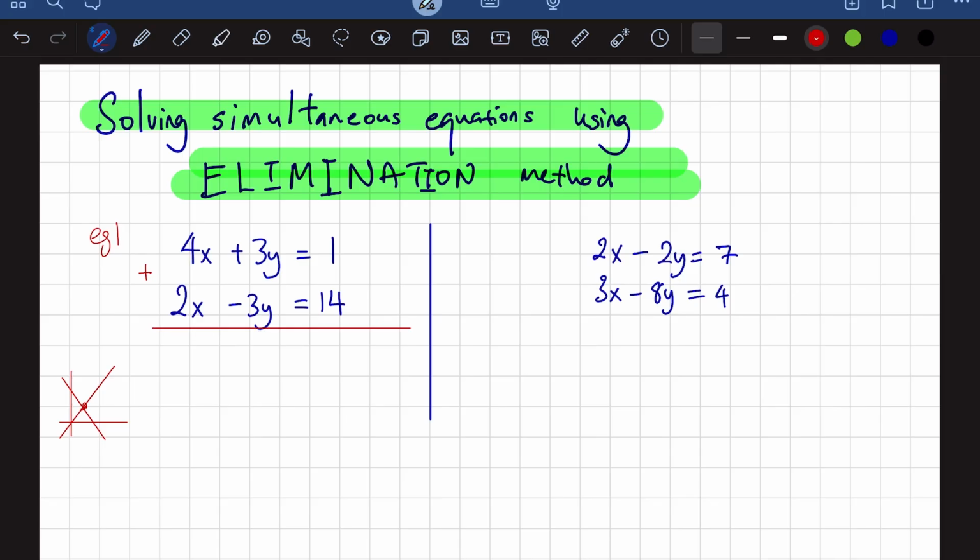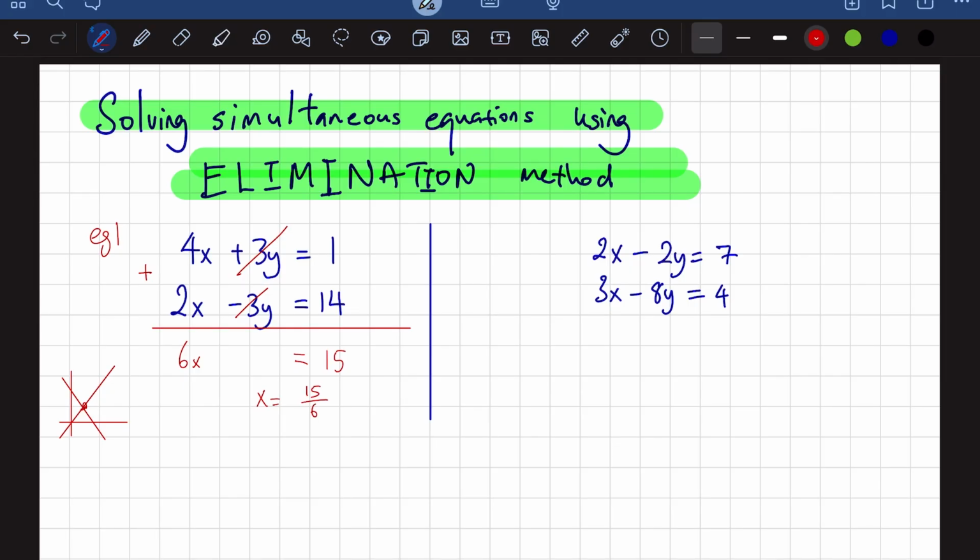When I do so, notice that the 3y will get eliminated. All right, so let's start. 4x plus 2x gives you 6x. Positive 3y plus a negative 3y will get itself eliminated. And essentially what you're left with is 1 plus 14, which is 15. So therefore x will be 15 over 6.